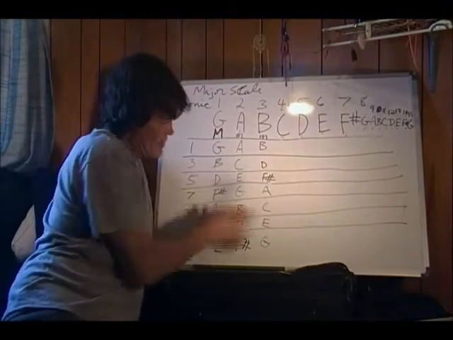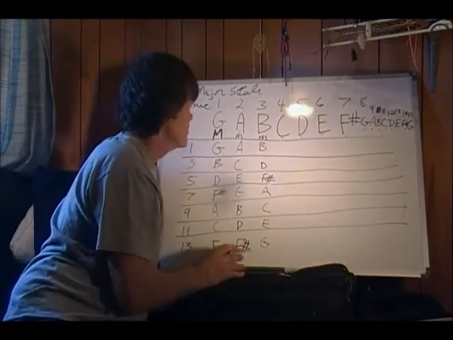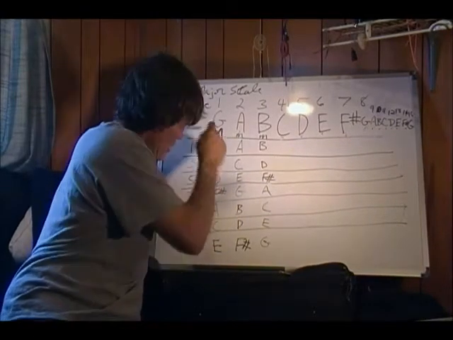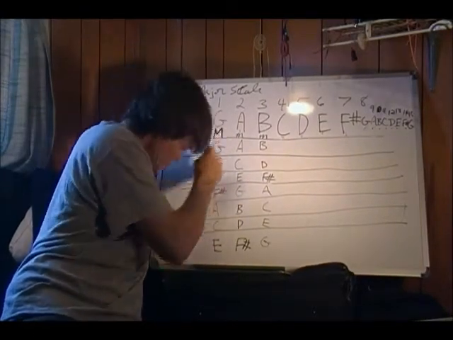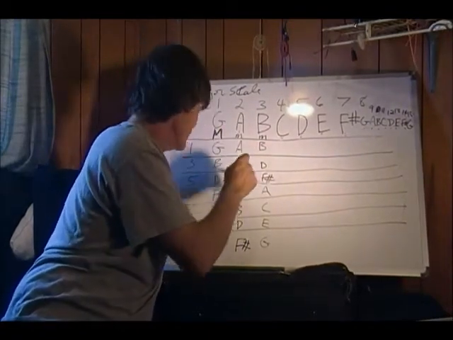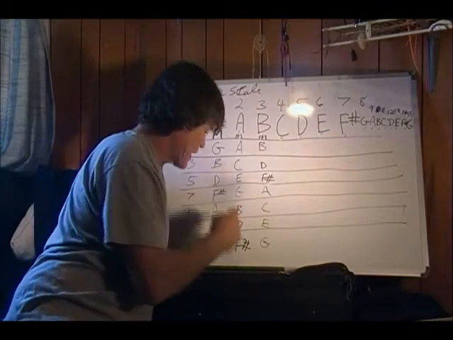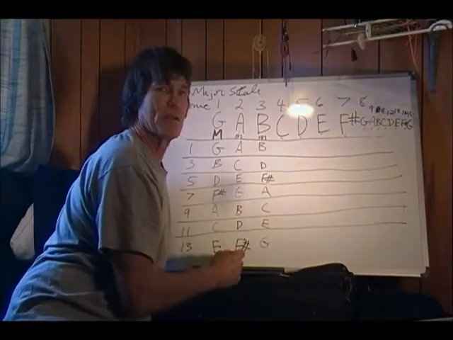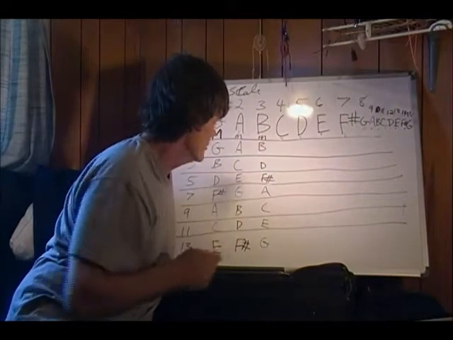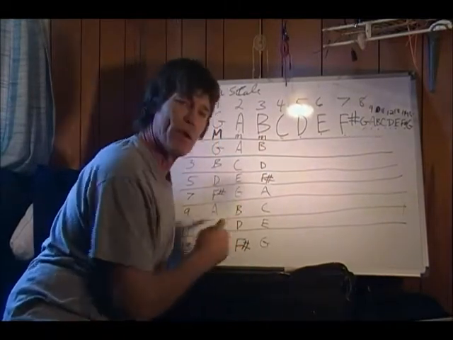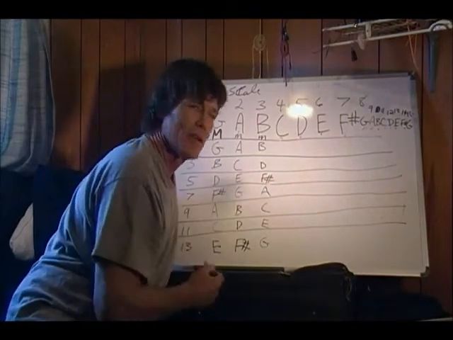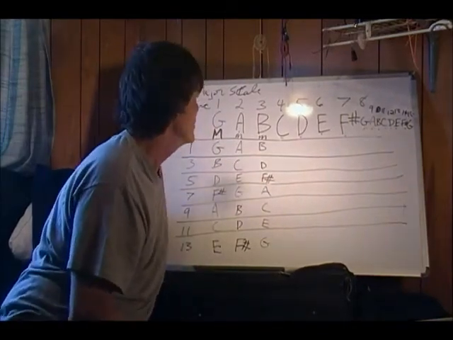So what you've got here is G major 7, 9, 11, 13, A minor 7, 9, 11, 13. B minor 7, same thing: 9, 11, and 13. We know what notes they are. All you have to do is find that note and play it with these notes, and you have that chord.